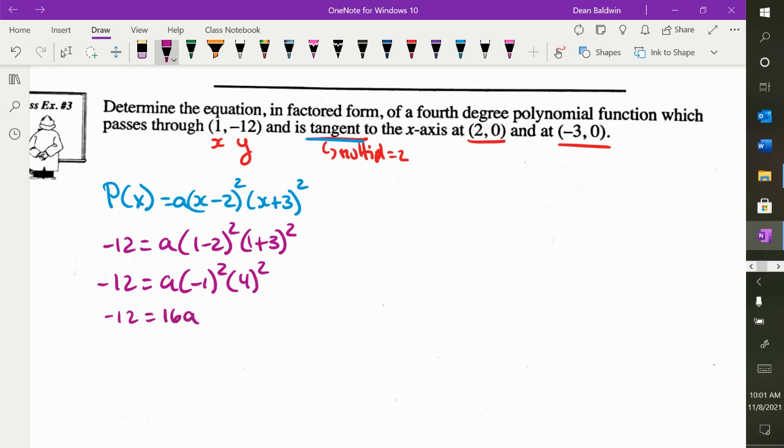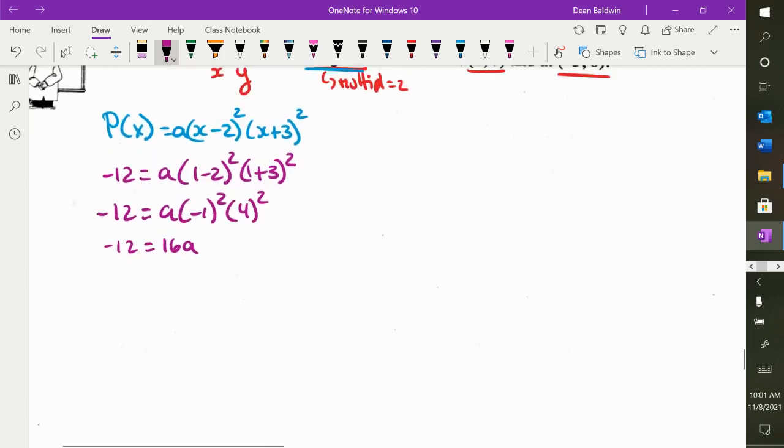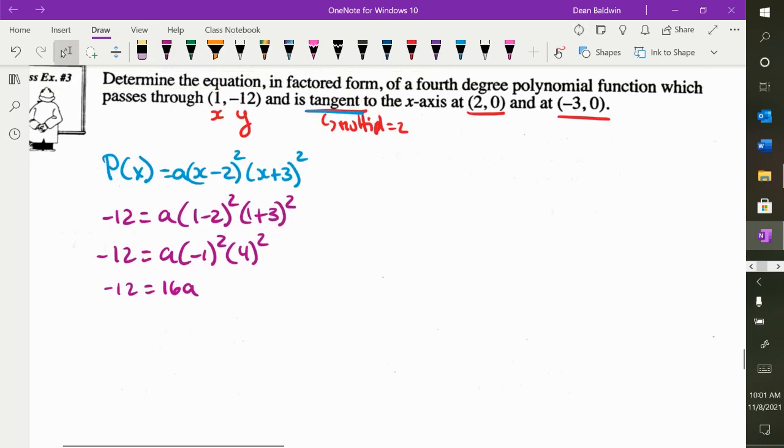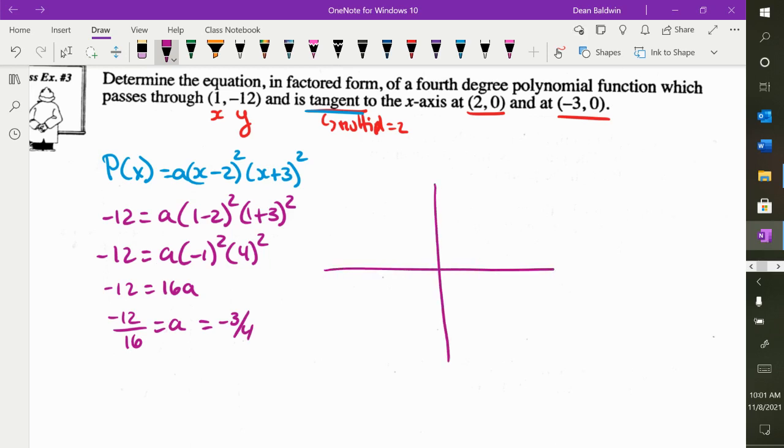So you got negative 12 is equal to 16a. Oh. Did we mess up algebra? No, I messed up that calculation. Reduce it. Negative 3/4. Okay.